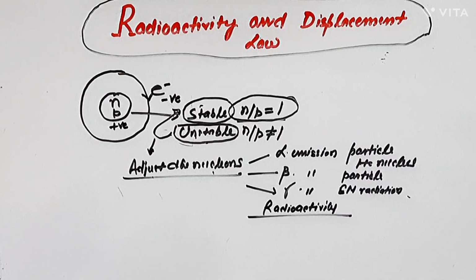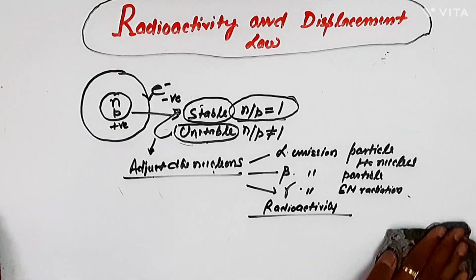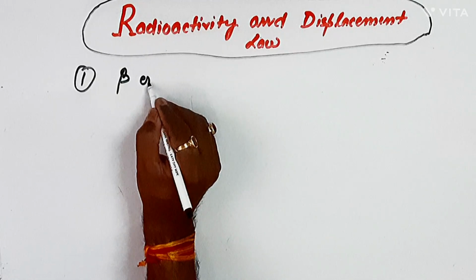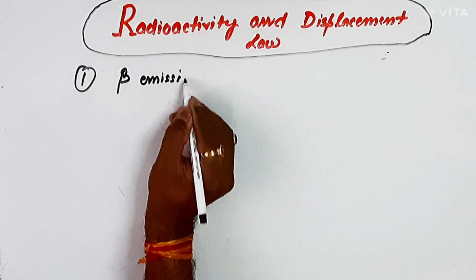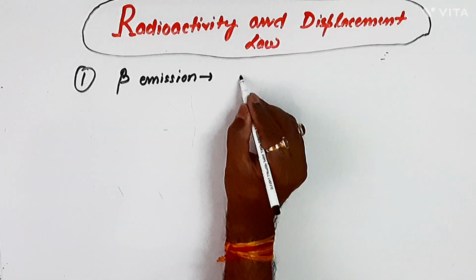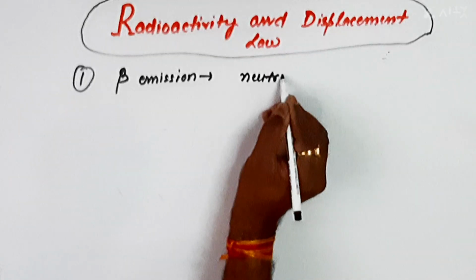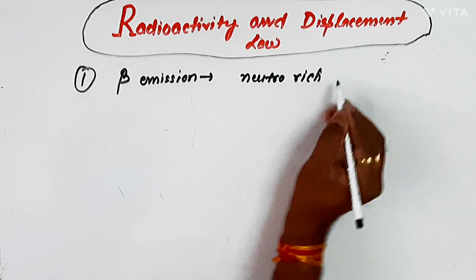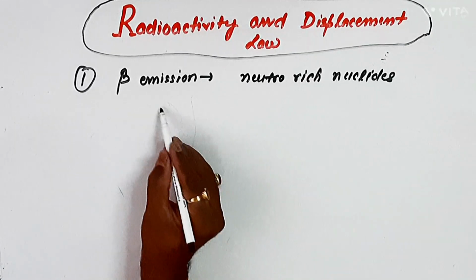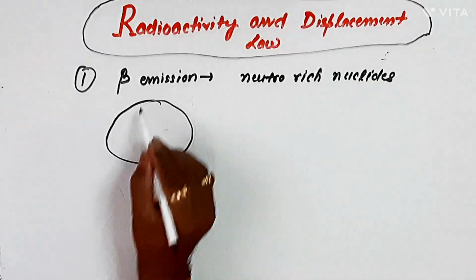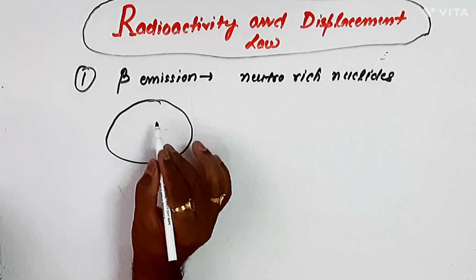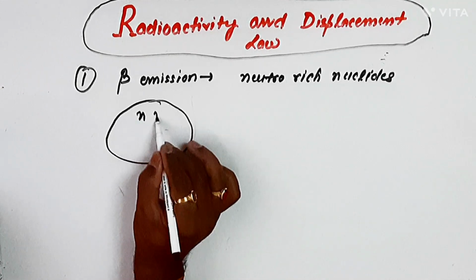So let us see first the mechanism of beta emission. Beta emission occurs in neutron rich nuclides. Suppose an unstable nucleus has more neutrons than protons.